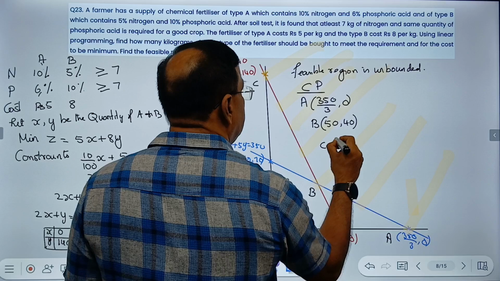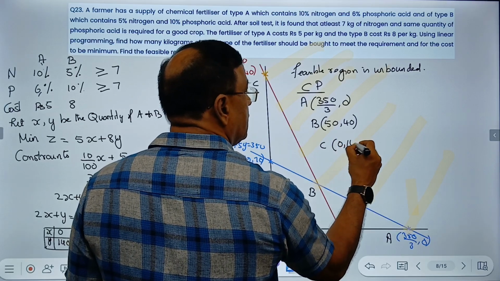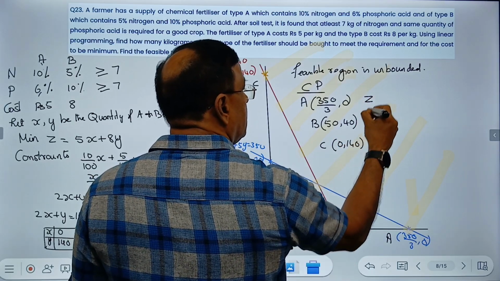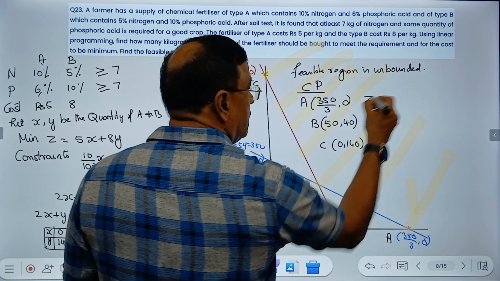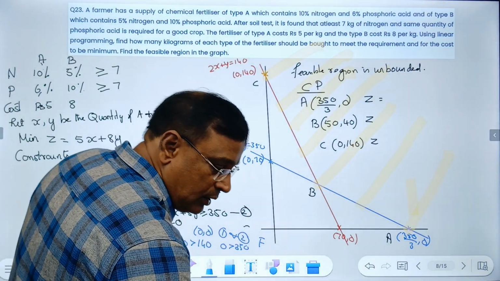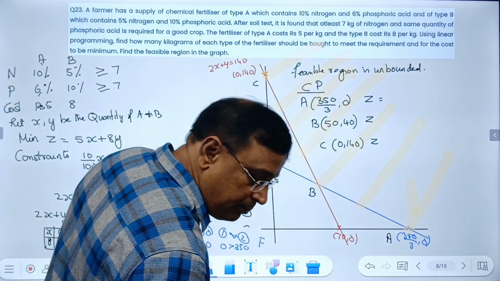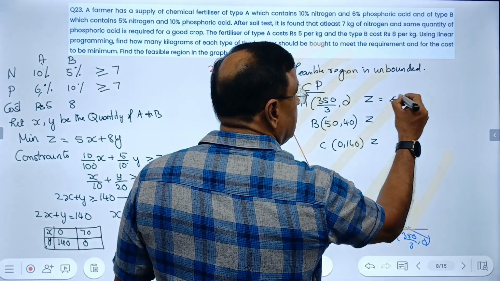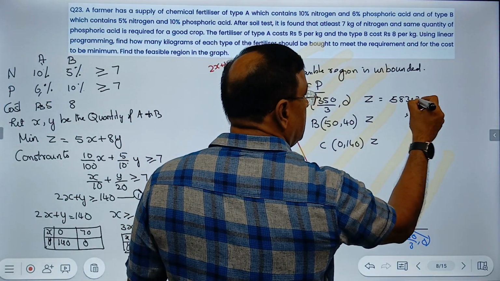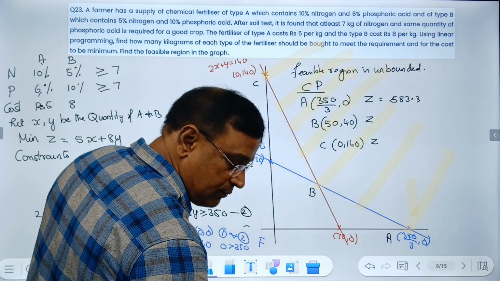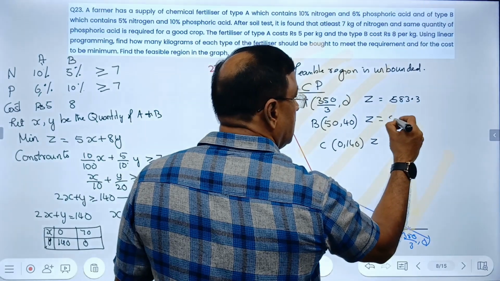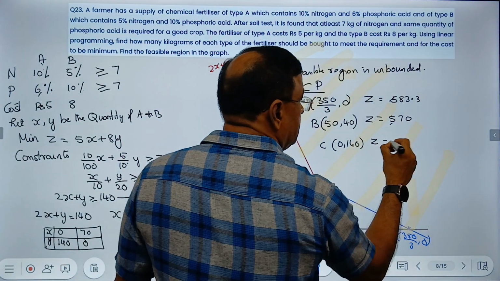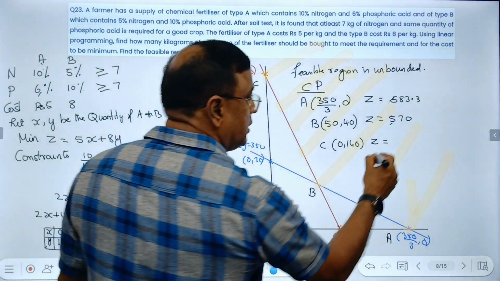And my C will be 0, 140. Now find the corresponding Z values. The corresponding Z values are 583.3, 570, and my third value is 1120.